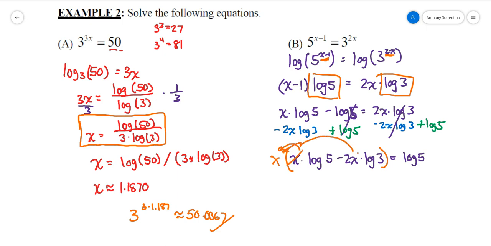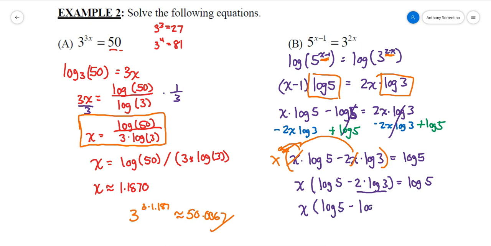And if I do that, I'm going to be left with x times the quantity log of 5 minus 2 times the log of 3 equaling the log of 5. And of course, this one here could be simplified a bit more by moving that 2 to the inside, and I would have x times the log of 5 minus the log of 3 squared, which would just be 9, equaling the log of 5.